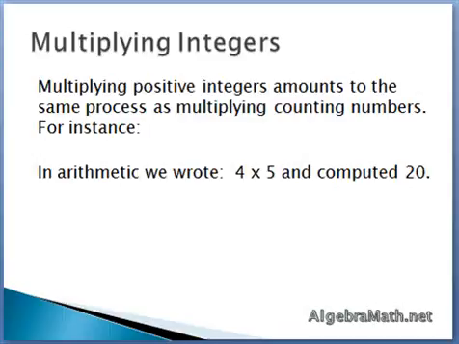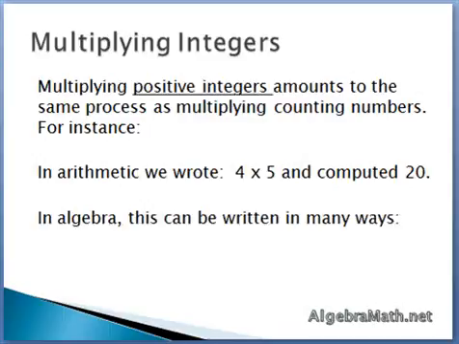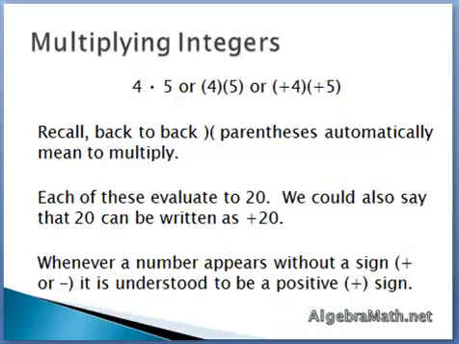In algebra, of course, we don't use the letter x to denote multiplication because it's usually used to stand for a variable. In algebra, this expression can be written in many ways. We could say 4, use a dot, times 5, or 4, the number surrounded by parentheses, a left and a right parenthesis, the number 5 surrounded by left and right parentheses without a dot in between.